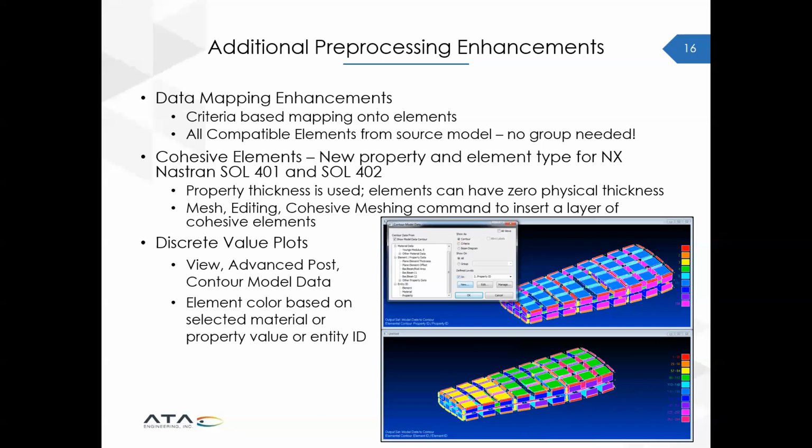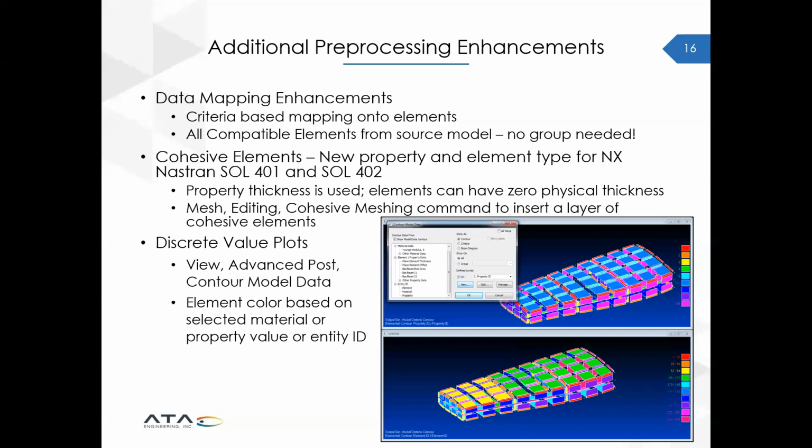The physical thickness of that element isn't important. The thickness is based on the property card. So the element itself could have 0 physical thickness and have coincident nodes. Again, the thickness is based on the property. And there's a new mesh editing cohesive meshing command that can insert these elements, similar to the edge split command that we had before.